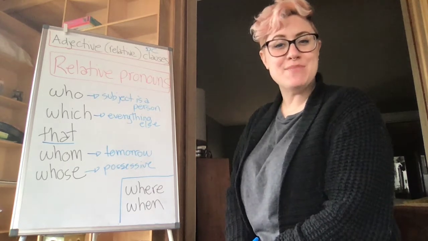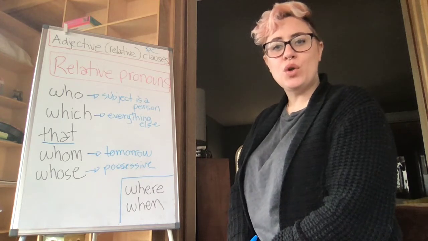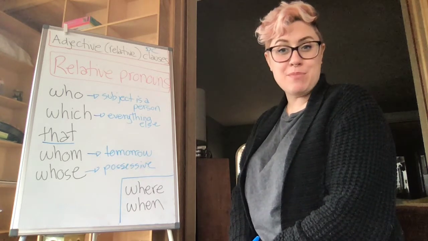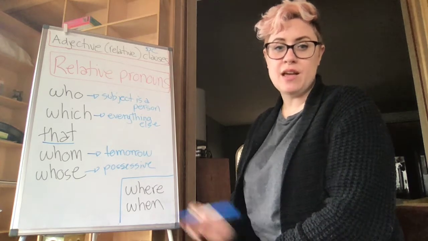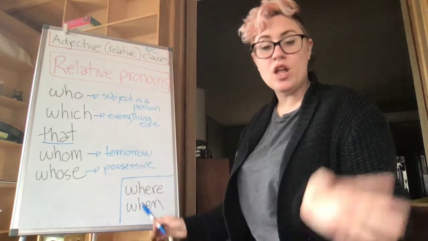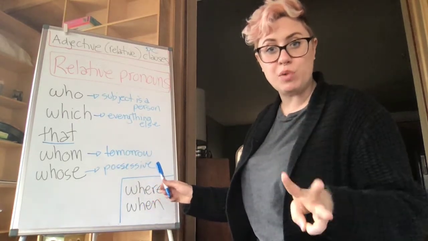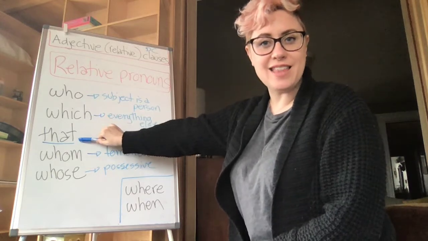My cat, whose name is Baby, is my favorite. And so the name Baby belongs to my cat. So we use whose. But I am not too worried. We'll talk about these tomorrow. So for right now, the three major relative pronouns are who, which, and that.